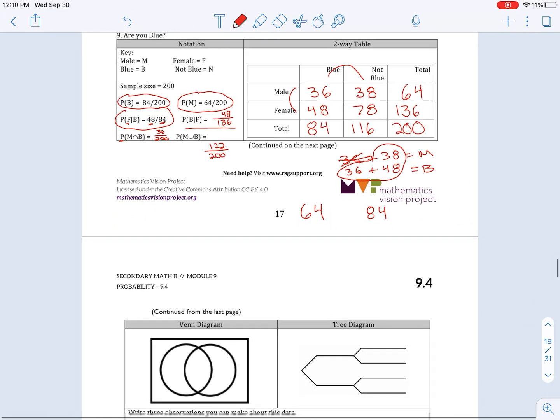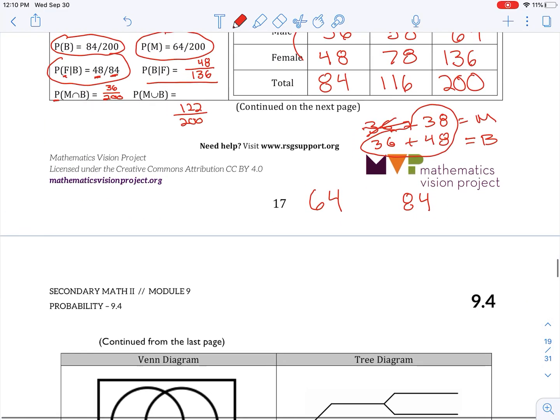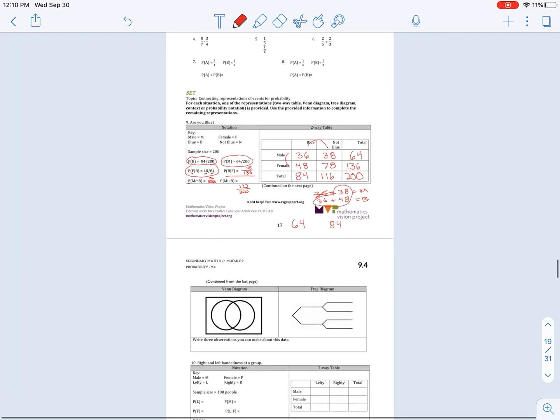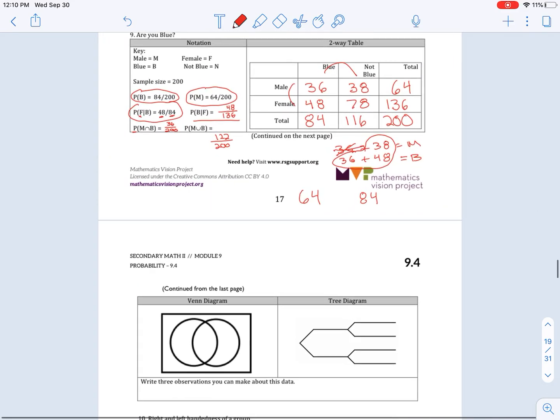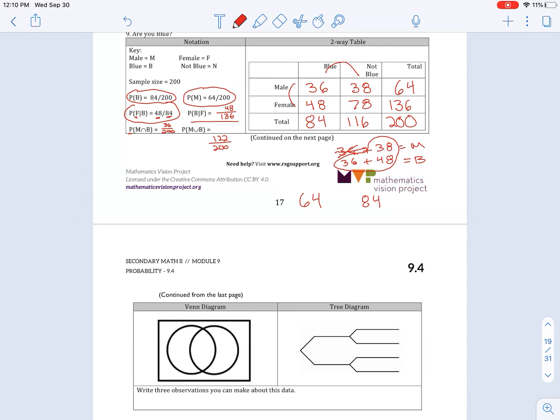All right, and then down here for the Venn diagram, yeah, I can get it all on the page. Again, it looks a little different on your formative, but you'll be okay. So I'm going to choose what my circles are, okay? So I'm going to choose blue, and I'm going to choose male. All right, so I'm going to make one blue, and I'm going to make one male.